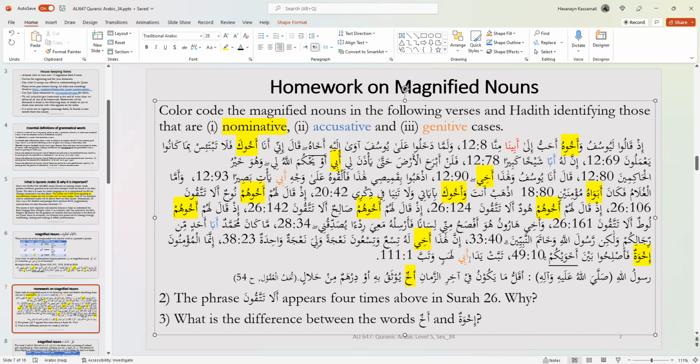Yada abi. Correct. Yada abi, that means the hands of Abi. It is Yadain, Yadan abi, but because it's Mudaf ilayh, remember we said in Mudaf, the noon goes away. The noon of the dual goes away if it is Mudaf. So it is Yadani abi, the hands of Abu Lahab.